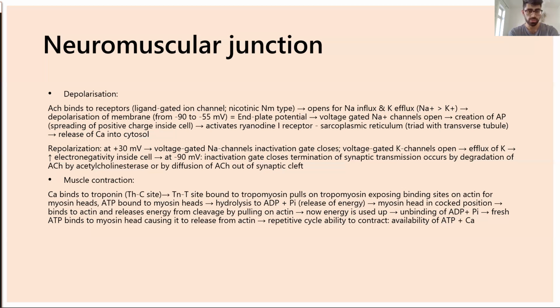So binding causes opening, and now we have a sodium influx and potassium efflux. Sodium is now entering the cells at the end plate, which is the end part of the neuron. This causes what's called an end plate potential, where our voltage-gated sodium channels will open, and we have generation of an action potential along the membrane. This spreads the positive charge through the membrane inside the cell.